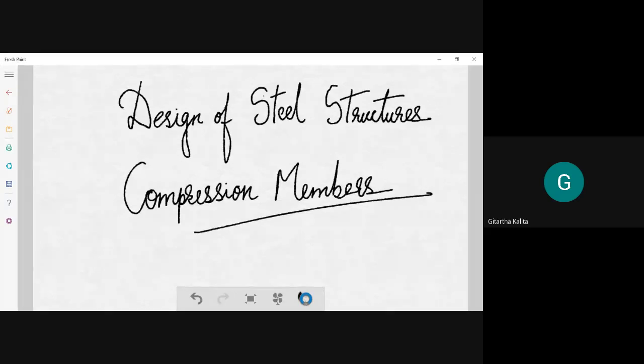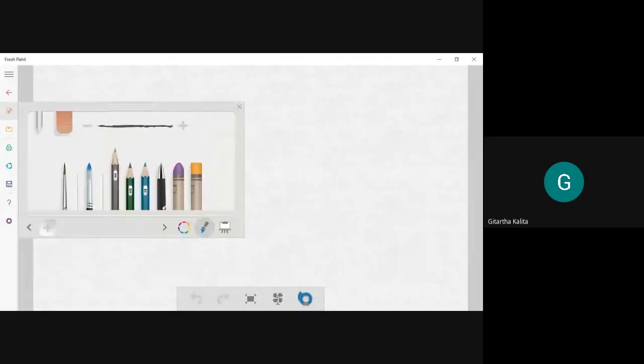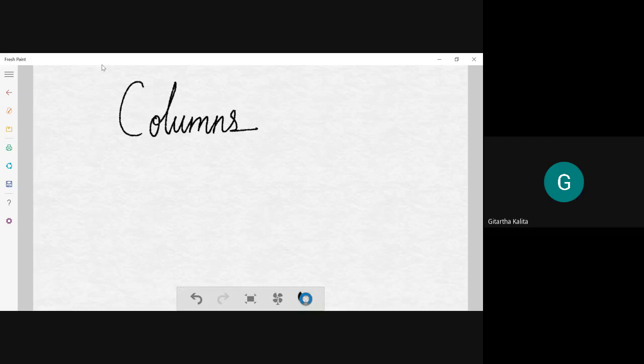Okay, so design of compression members. Let's begin. Design of compression members means basically we will be designing members which are none other than columns. Columns are the members which will take what? Compression.